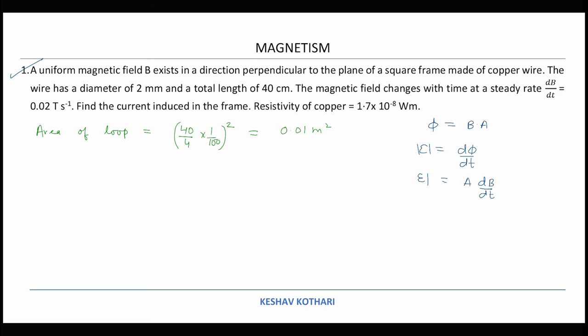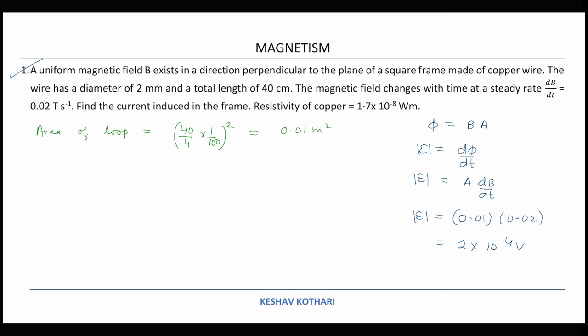So if we calculate the magnitude of EMF induced, the value is the area, 0.01 meter square, into dB by dt, which is given as 0.02. From here we obtain a value equal to 2 into 10 to the power minus 4 volt. So this is the value of EMF induced in this particular loop.